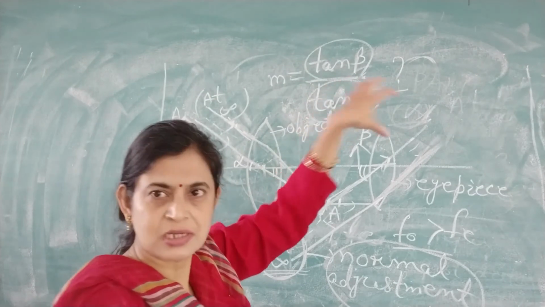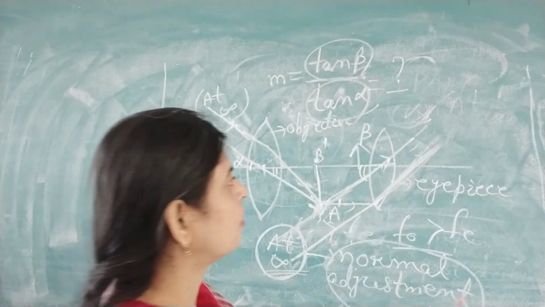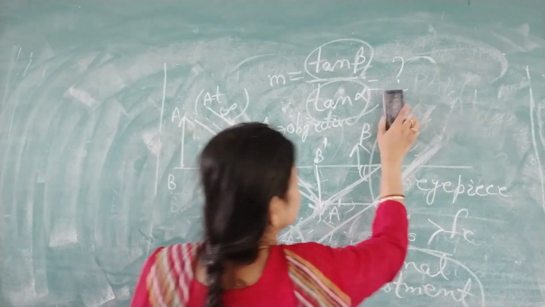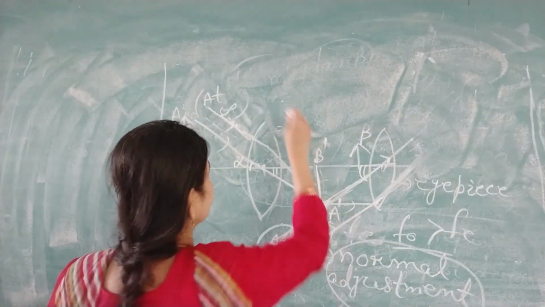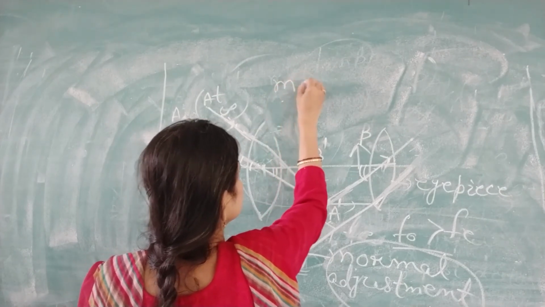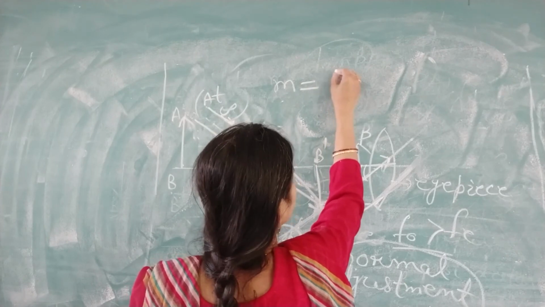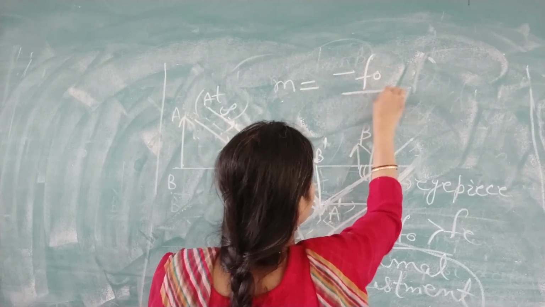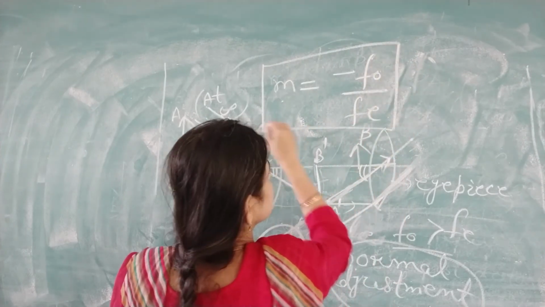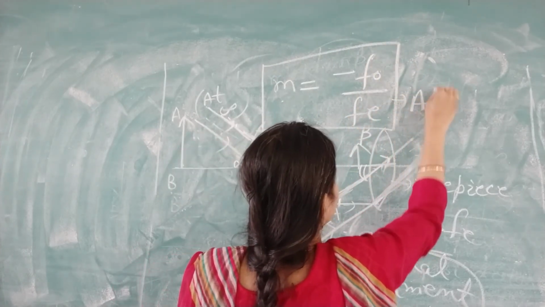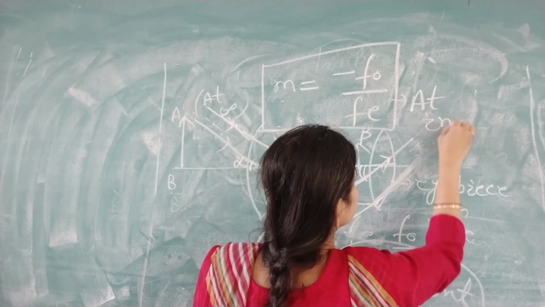But it is not necessary according to your revised syllabus. Only remember the magnifying power for the astronomical telescope is equal to minus F0 divided by Fe. This is the magnifying power when the image is formed at infinity.